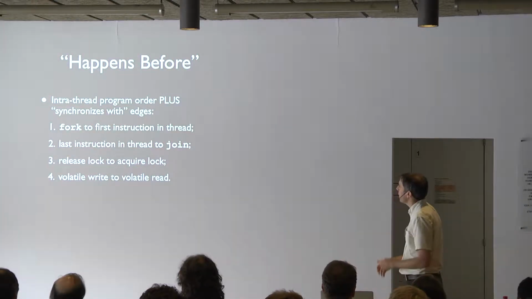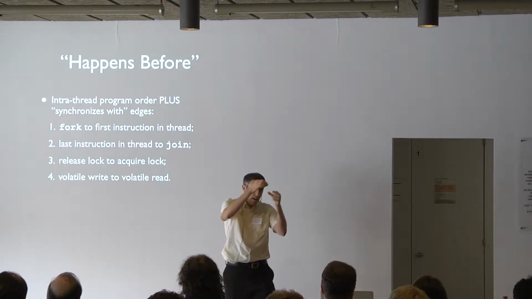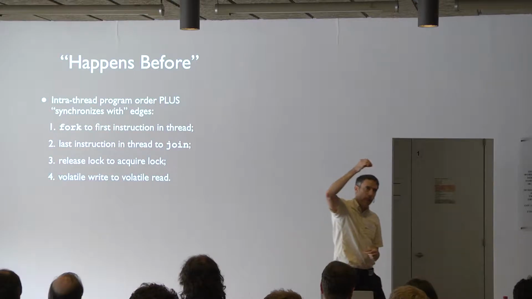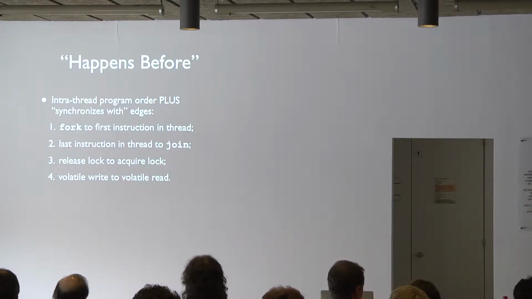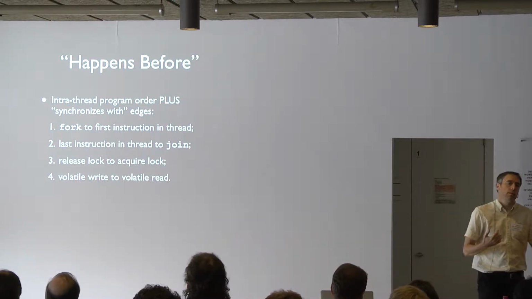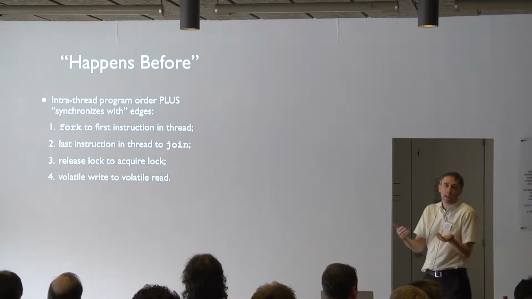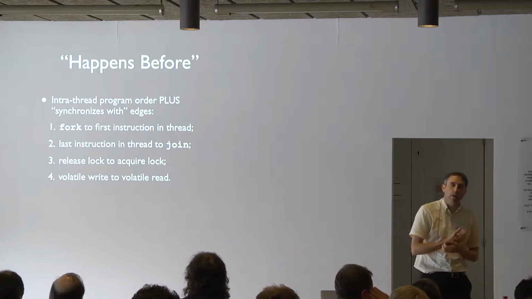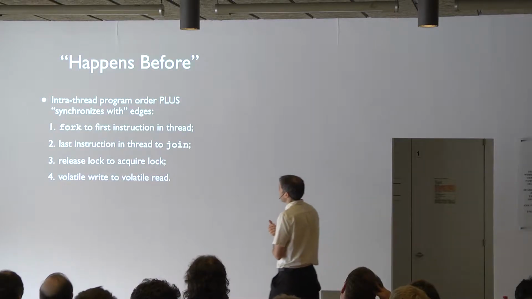It all comes down to this happens before relationship, where the events along any particular thread are ordered in the total order that they have there. And then we add these synchronizes with edges. If you fork off a thread, you synchronize with the start of that. If you join to a thread, and as many people know, you can join to any thread you wish, you don't need to join to the one you forked, you synchronize with the last instruction there.